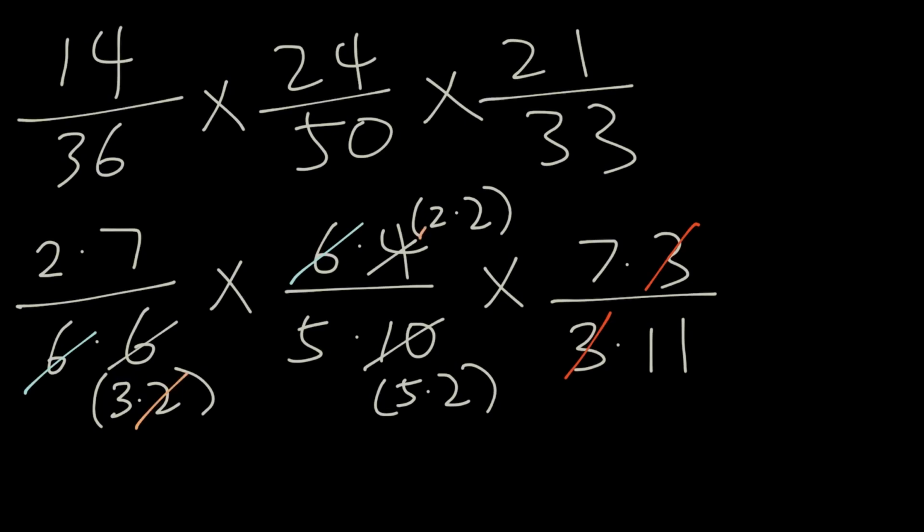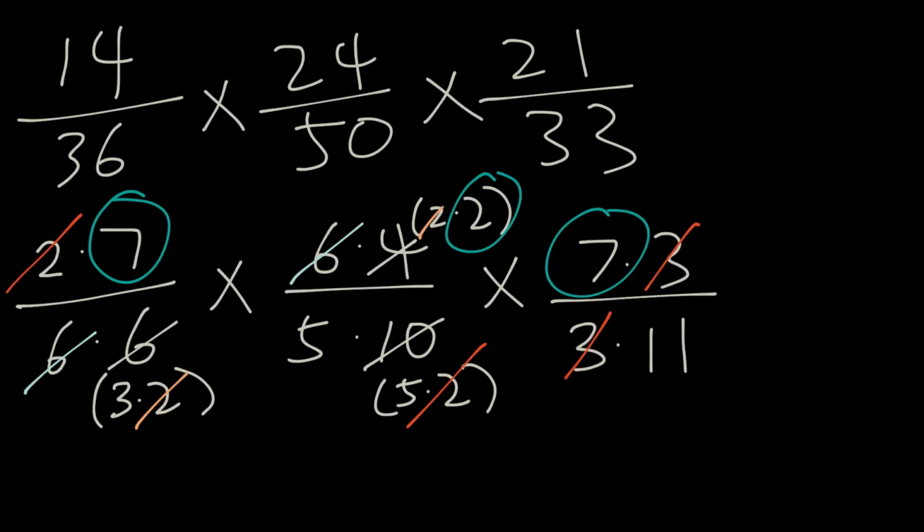Then we could cross the 2 out. Cross the 2 here. And what we are left with is 7, 2, 7, 3, 5, 5, 11.